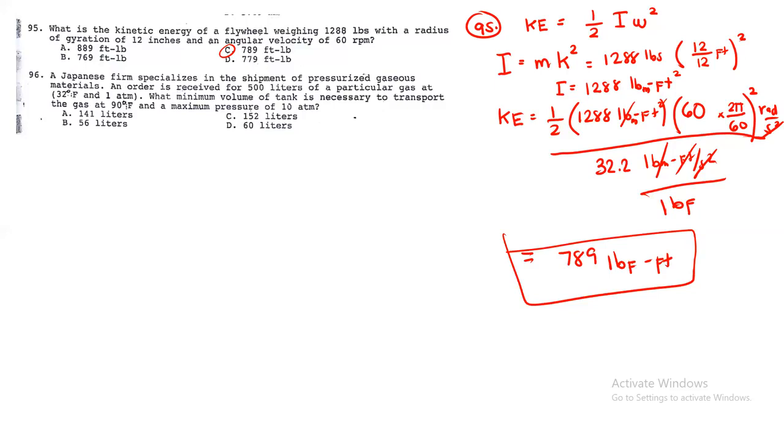This is easy. P1 V1 over T1 is equal to P2 V2 over T2.